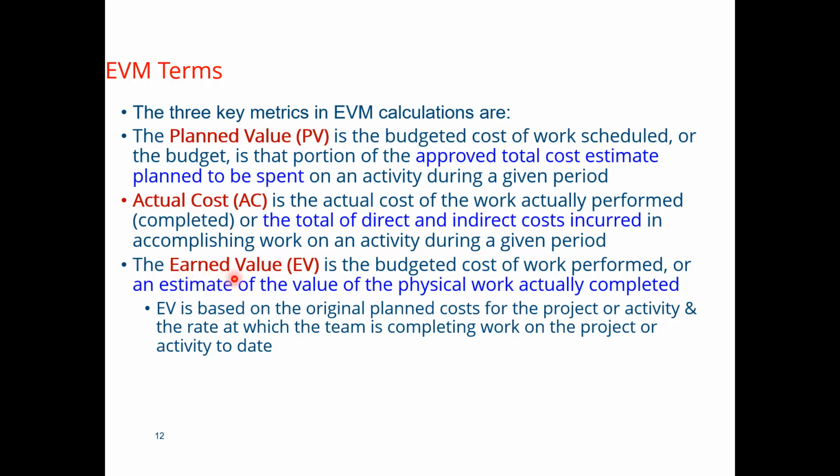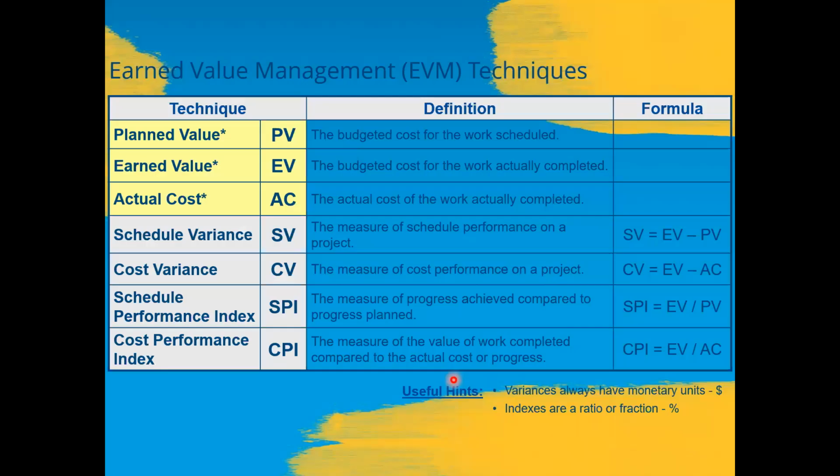The last is the earned value. The short form we are using here, EV, is the budgeted cost of work performed, or an estimate of the value of the physical work actually completed. So earned value, or EV, is based on the original planned cost for the project or activity and the rate at which the team is completing work on the project or activity to date.